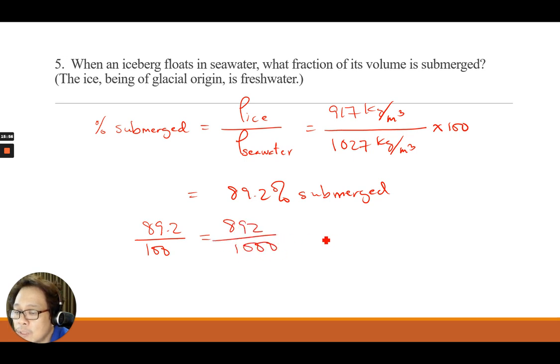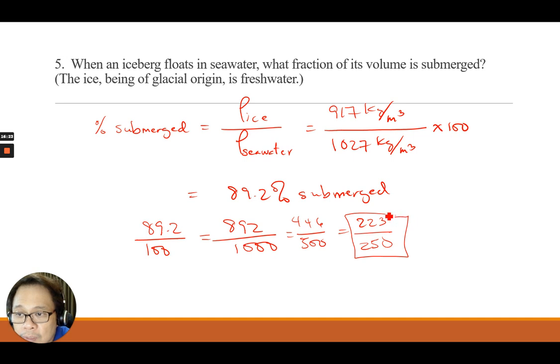And then just reduce this to the lowest term. This is reduced to 446 over 500, still divisible by 2. So it's going to be 223 over 250. This is the fraction. All right, thank you.